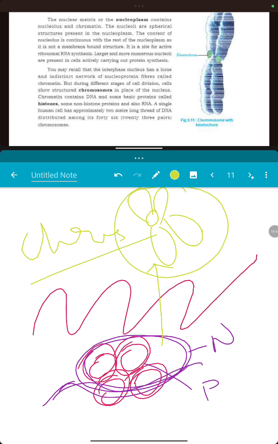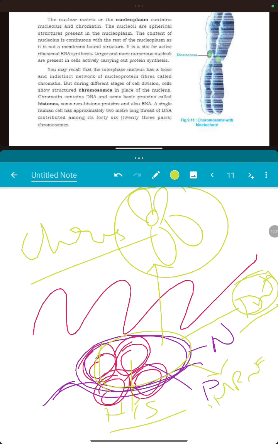As we discussed, these are the histone proteins, these are the DNA, and the non-histone proteins transfer the DNA's information to mRNA.